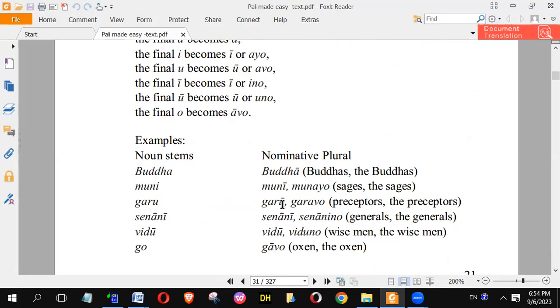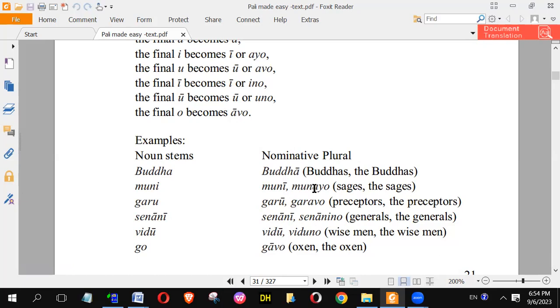Garu becomes Garavo. Like here, the final u becomes avo, or Gavo. So just remember Buddha, Muni, Munayo, Garu, Garavo, Senani, Senanino, go, gavo.